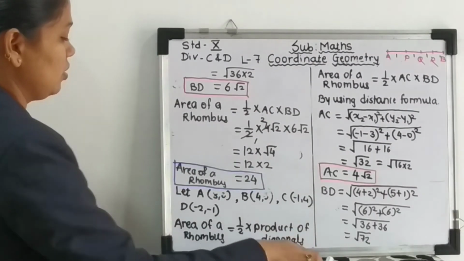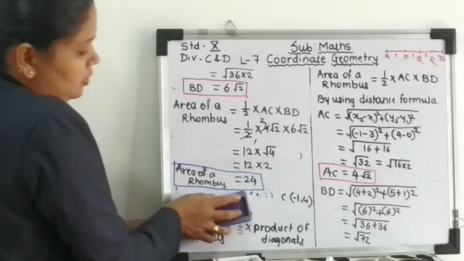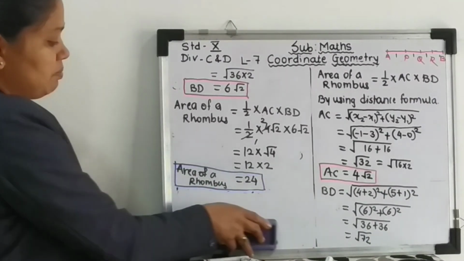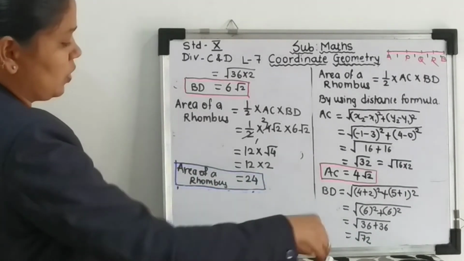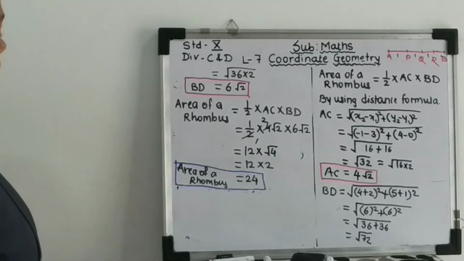You can write unit square here. Centimeter and meter are not given, so simply you can write here unit square. Understood this one? So we got this answer.